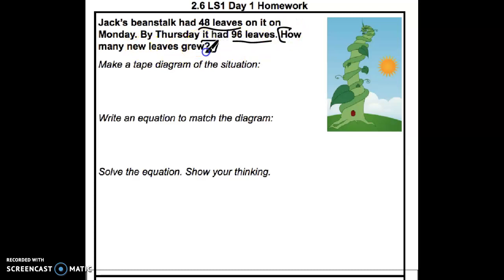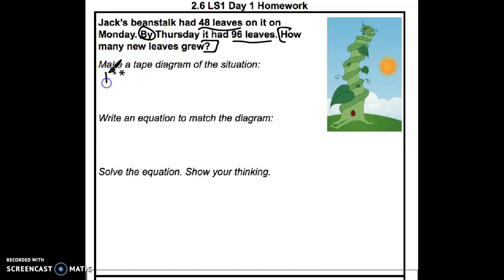But somewhere in here, there's an unknown, because it lets us know that the start is 48 and that the end is 96. But where is the change? The change or the unknown must be here, because we know that the start is on Monday, but it ended on Thursday. So by is our key word, that there's something in the middle that's missing.